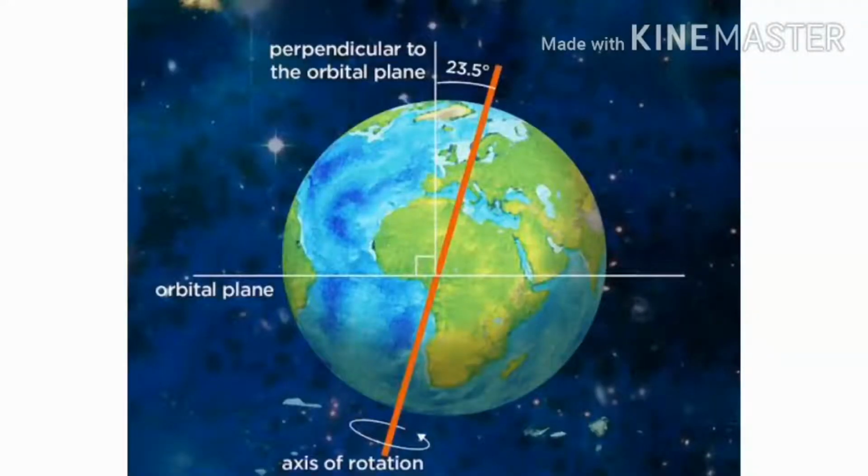The earth, while rotating, is tilted on its axis by 23.5 degrees from a straight line running across the center of the earth. The tilt of the earth causes variation in day, night time at different places on the earth.